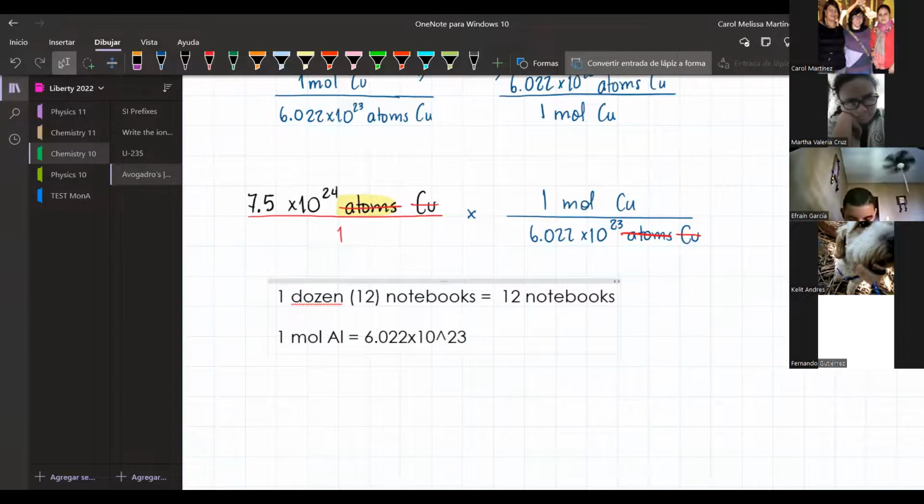You have to memorize that number, just like you memorize that in 1 meter are 100 centimeters. These are molecules or atoms or particles.